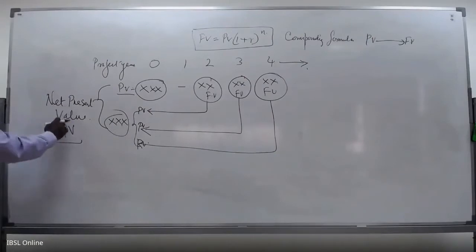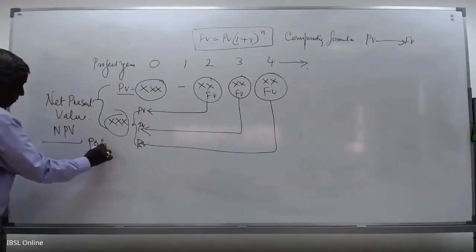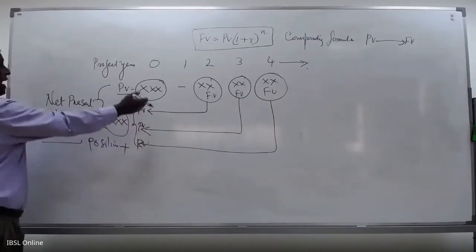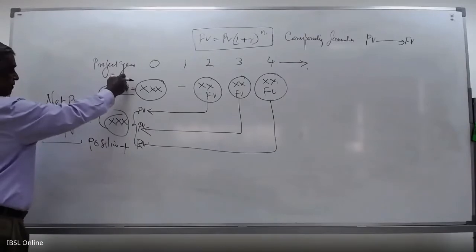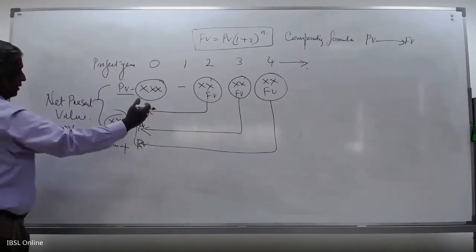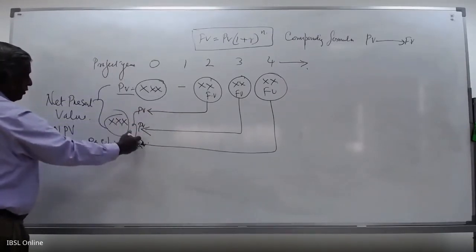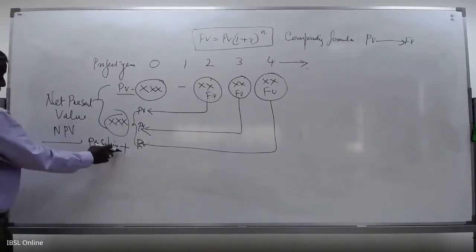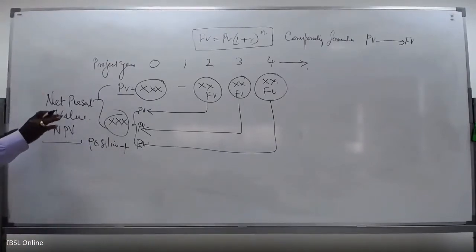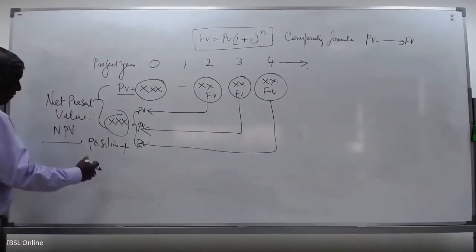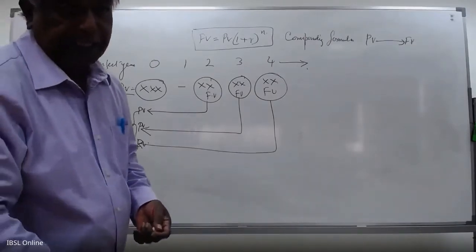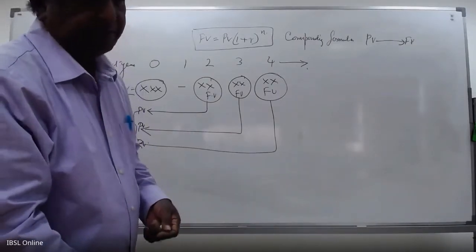If the net present value is positive, that is, these values are more than the investment, what you are getting in future years converted to the present value is more than the invested value, then the project is worthy. If it is negative, the project is not worthy.